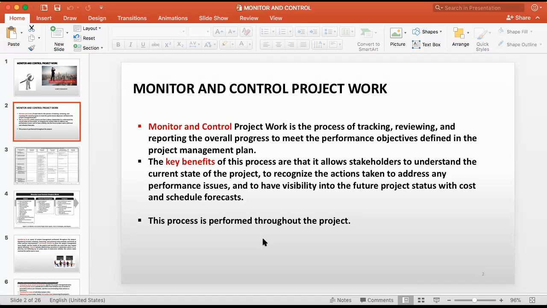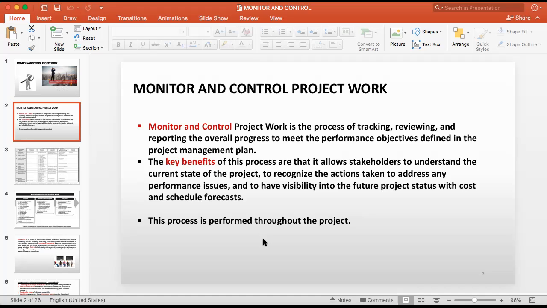Learning is a different thing, but applying is very important. To apply all these tools and techniques, you should have knowledge. You should have a proper knowledge base, and you should have a good experience in handling the project work. Then you can be a very good project manager, to serve your company and your stakeholders.